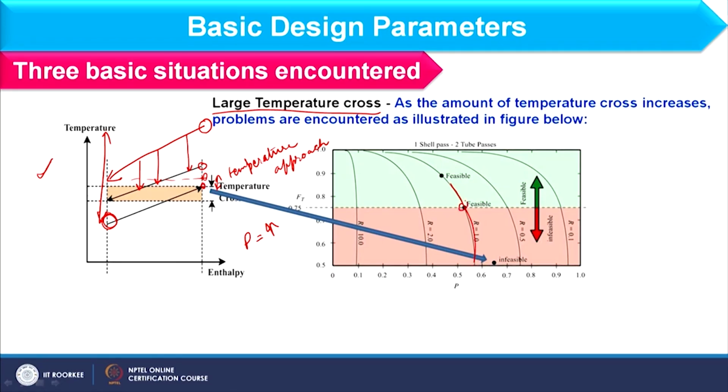So, if I am operating over here and temperature cross occurs, P value will increase. So, let us say a slight increase in P reduces FT correction factor rapidly, fine, because now it is falling in these asymptotic lines. Okay. So, as temperature cross increases, FT factor decreases rapidly, which we should avoid, fine.